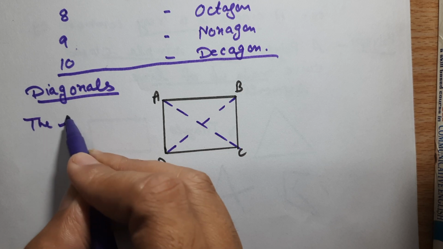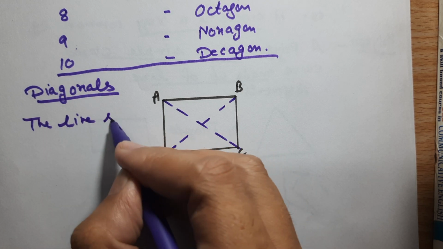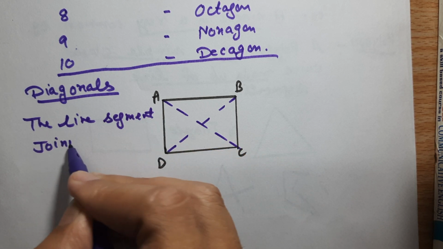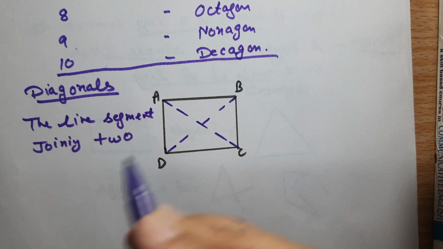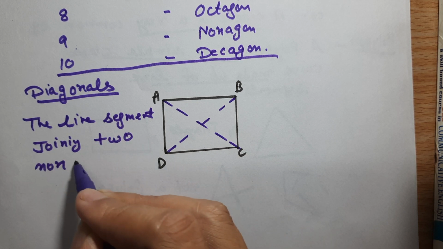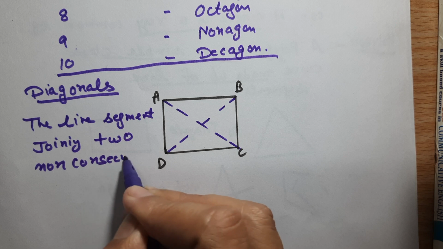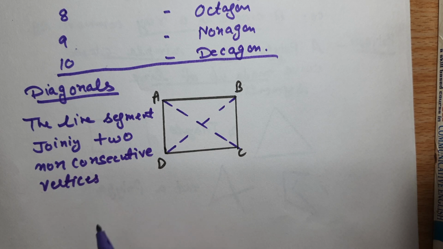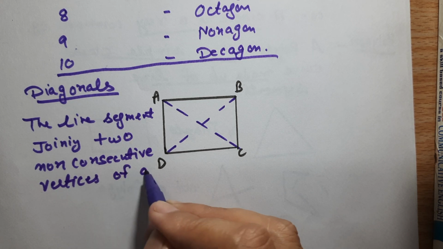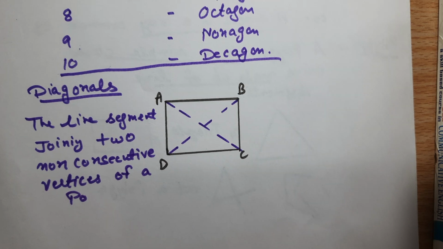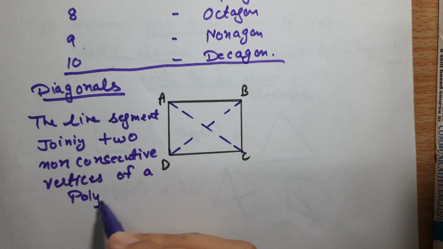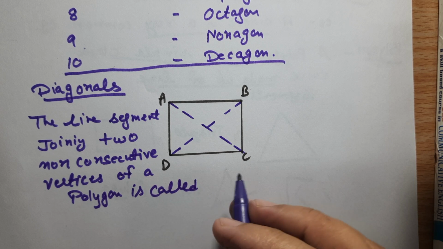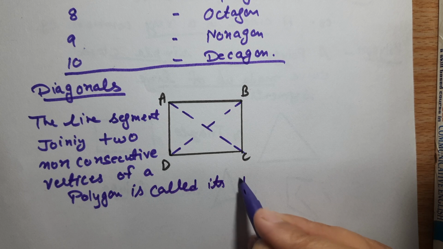The line segment joining two non-consecutive vertices of a polygon is called its diagonal.